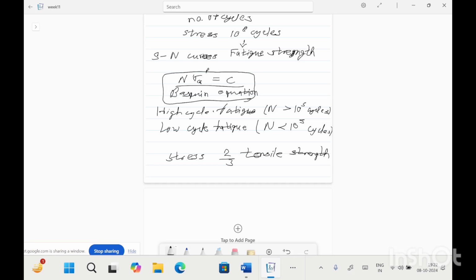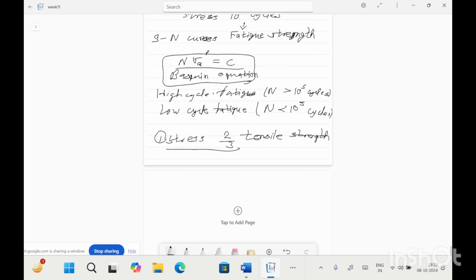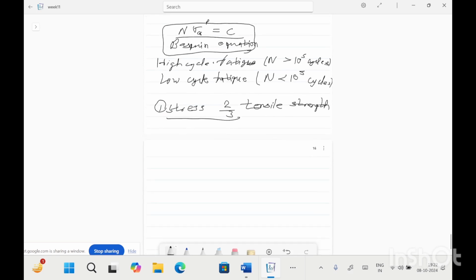Then the specimens are loaded with decreasing load from the first loading value, until the endurance limit is achieved.